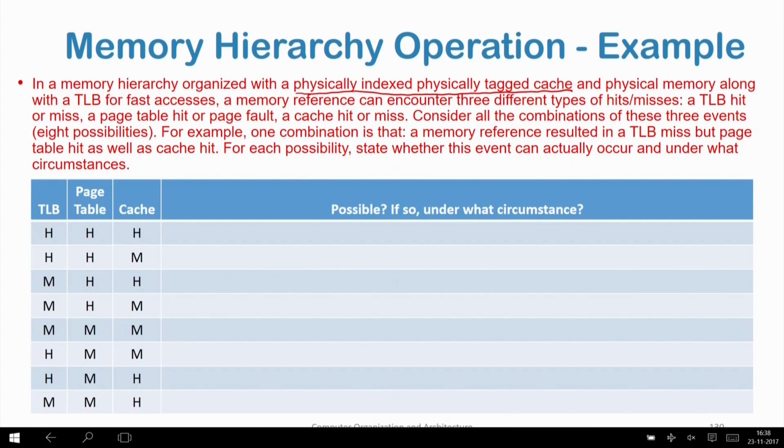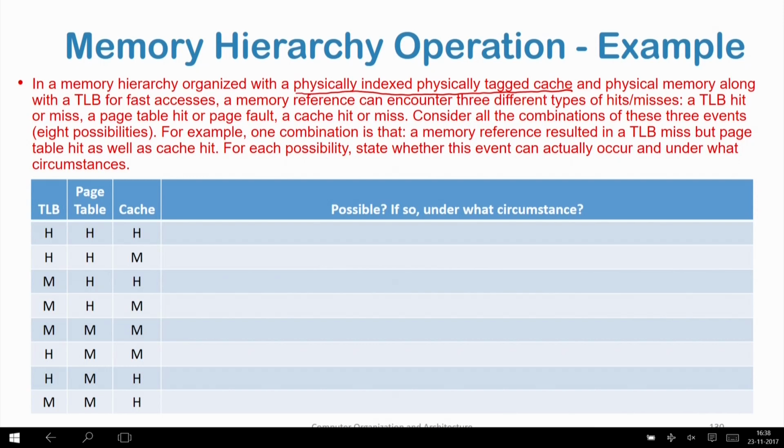We will see two techniques in the next class, where part or all of the virtual address is used to address the cache. Now, in this hierarchy this does not happen. So, I generate the physical address and then from the physical address I address the cache. So, it is a physically indexed, physically tagged cache.